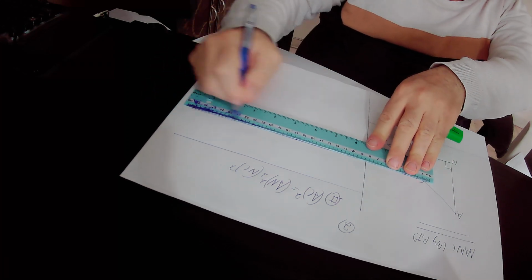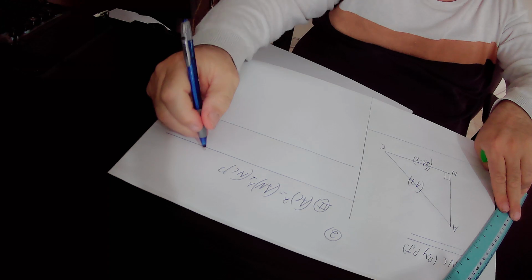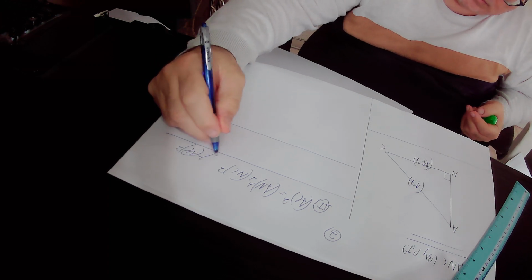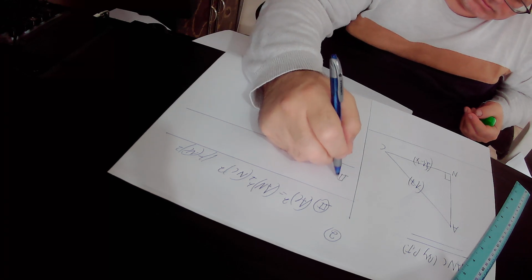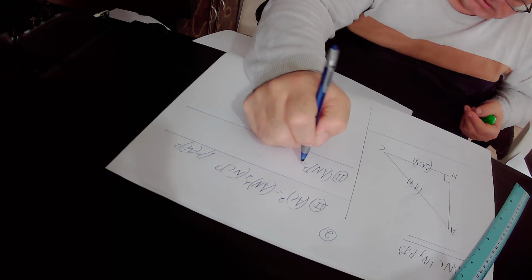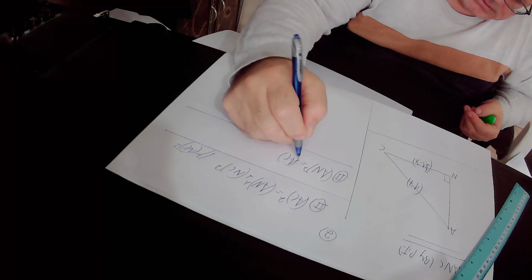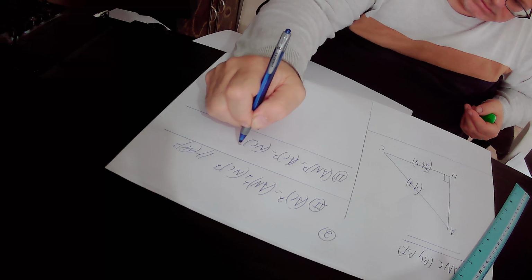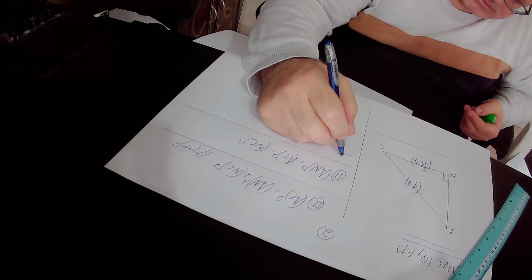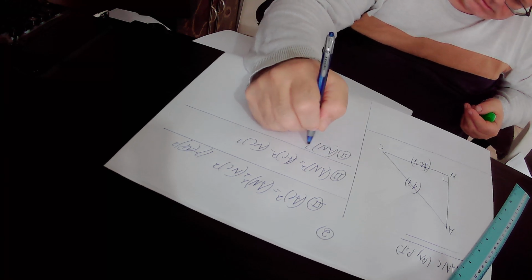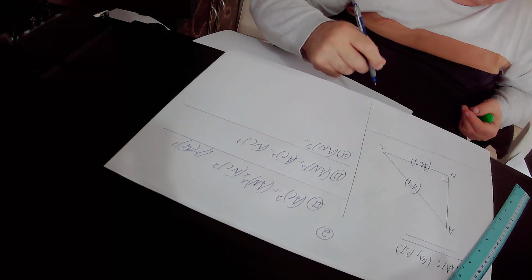Here we subtract NC square from this equation 2, and we get that according to equation 2, AN square equals AC square minus NC square.